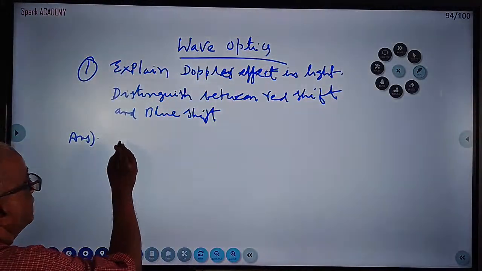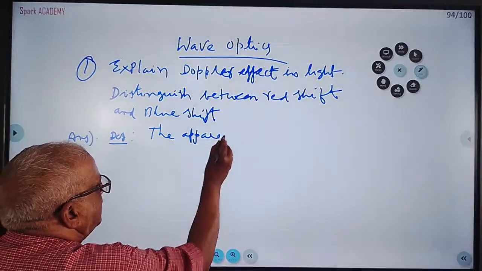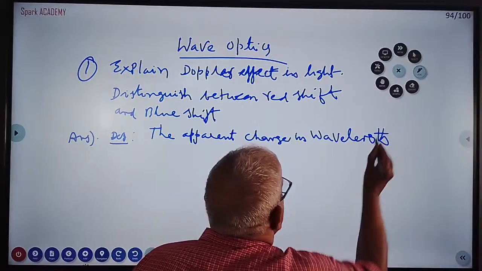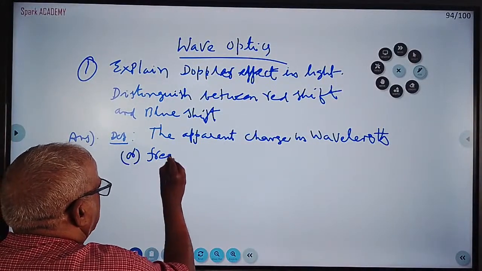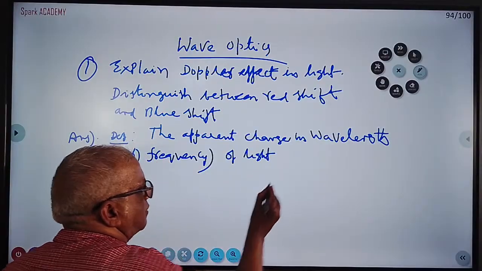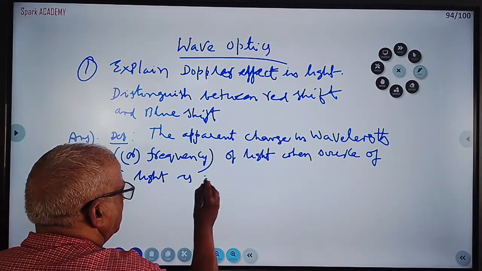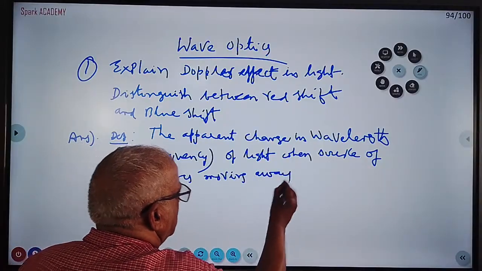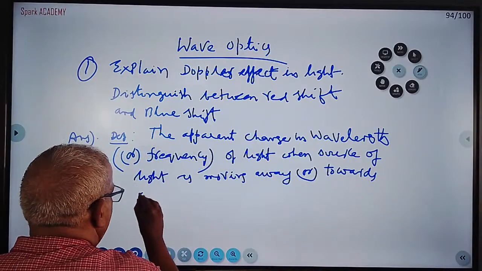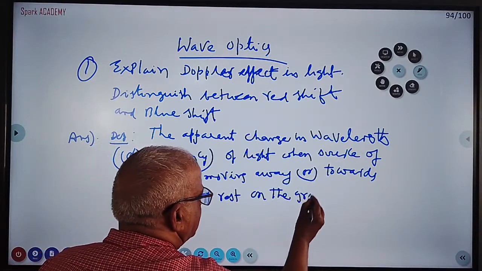So here, first I am writing the definition. The apparent change in wavelength or frequency (in brackets you write) of light when the source of light is moving away or towards an observer at rest, or a stationary observer on the ground.